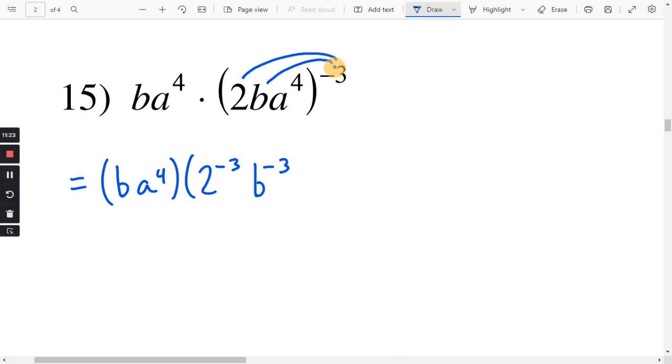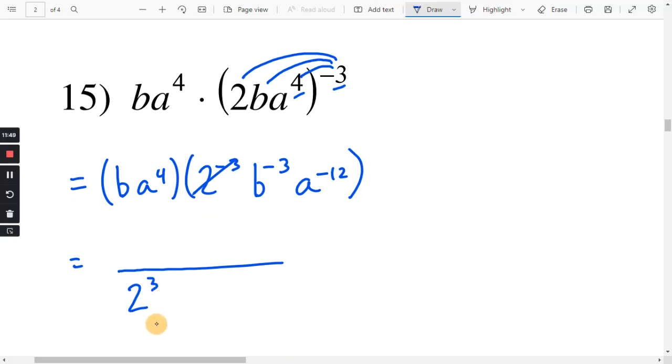And then it's applied to the a to the 4th. So a to the power of 4 times negative 3 is going to be negative 12. Okay, and let's see. 2 to the negative 3, these are all multiplied. 2 to the negative 3, we can move that to the denominator and make it 2 to the positive 3.